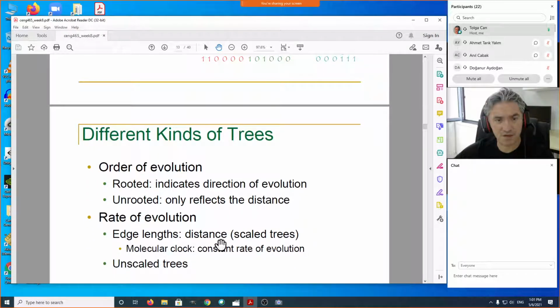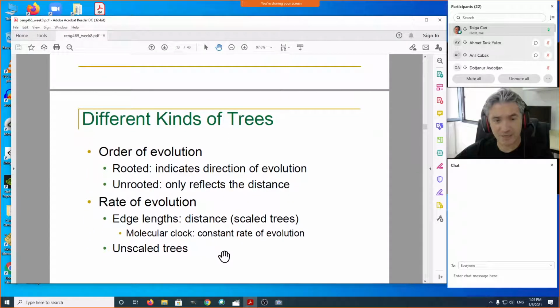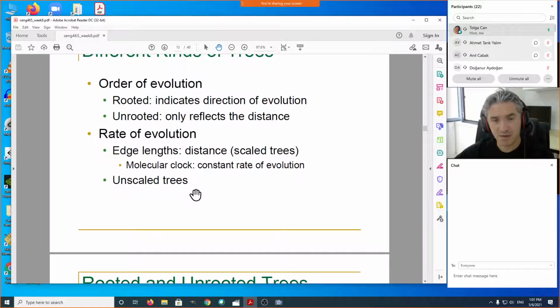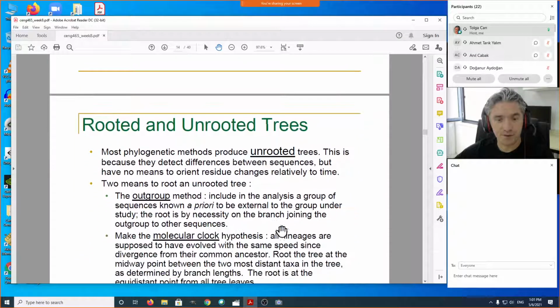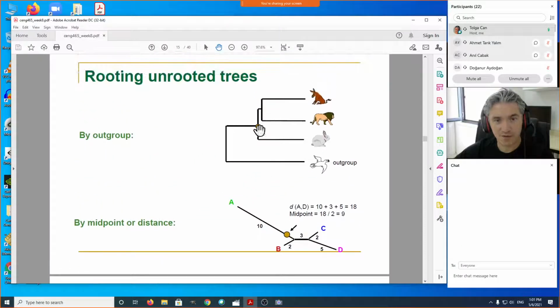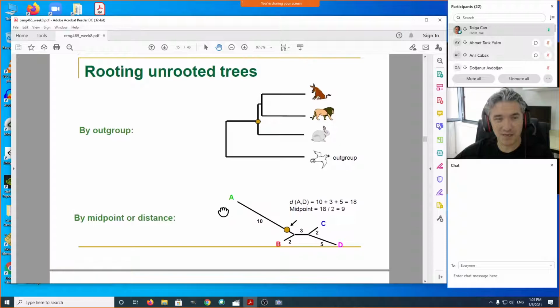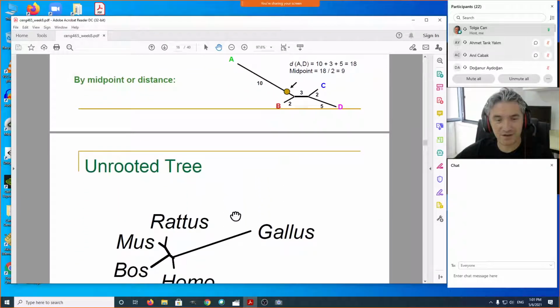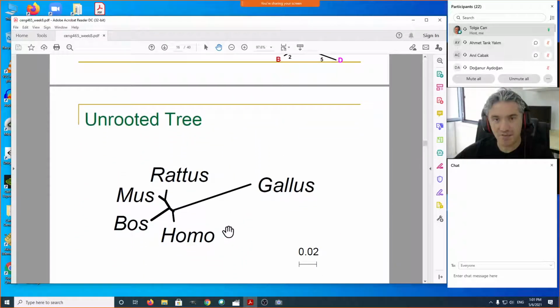I've talked about different kinds of trees. Edge lengths may mean something. There may be trees with no edge weights too. So I'm skipping these parts. We can give a root to an unrooted tree, but we are not going to be dealing with unrooted trees in our examples. We will be having an agglomerative clustering.